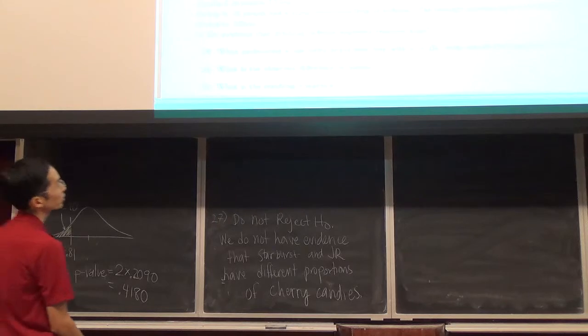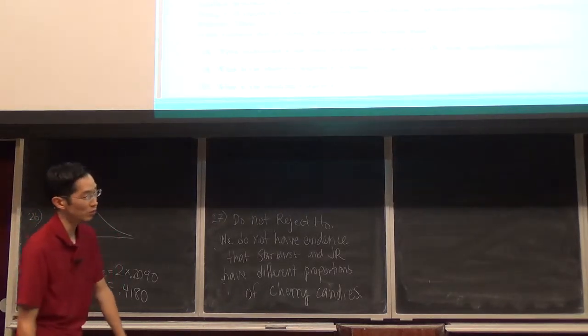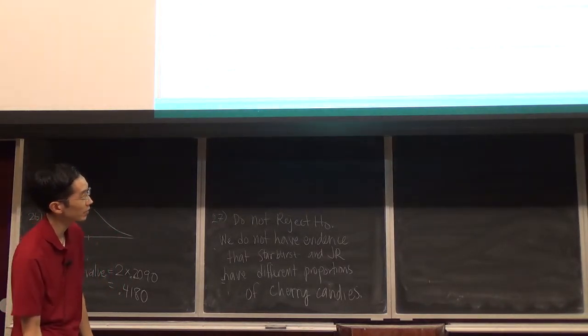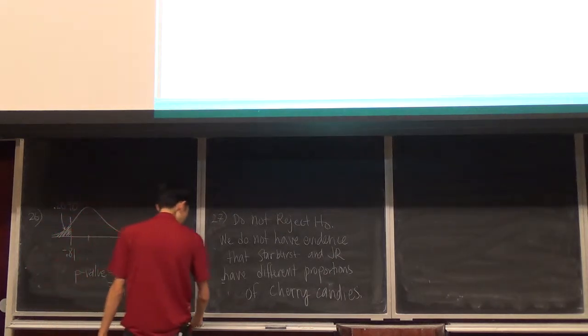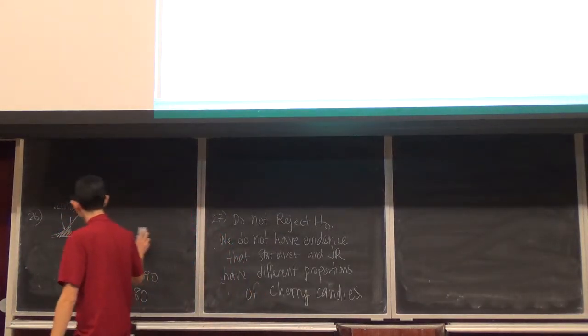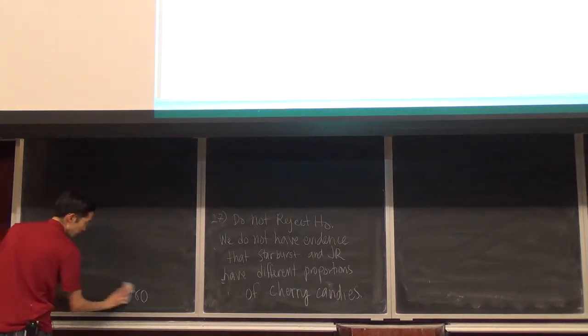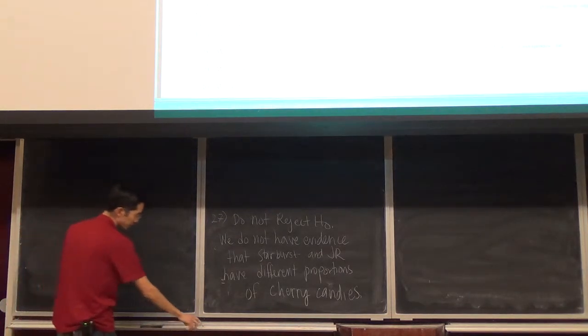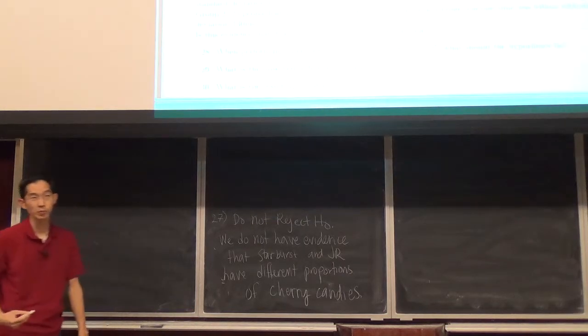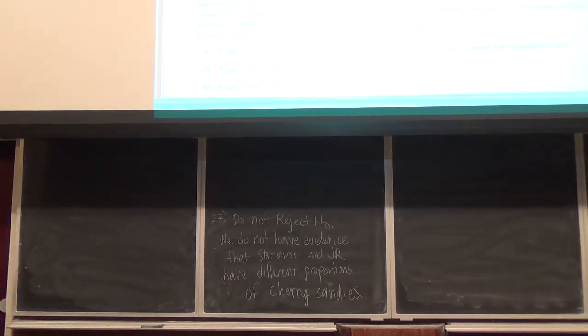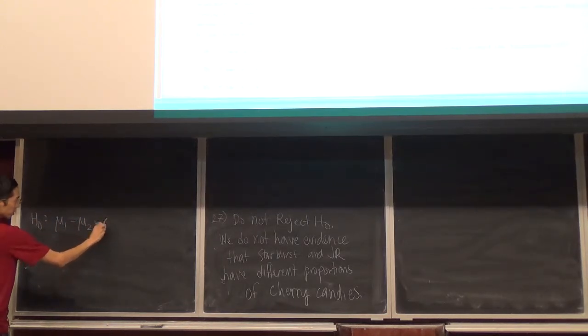When performing a one-sided hypothesis test with alpha equal to 0.05, what should the hypotheses be? Okay, do we have one sample or two samples? Are we dealing with means or proportions? Two samples and means. Okay, so our null hypothesis is going to be mu1 minus mu2 equal to 0.